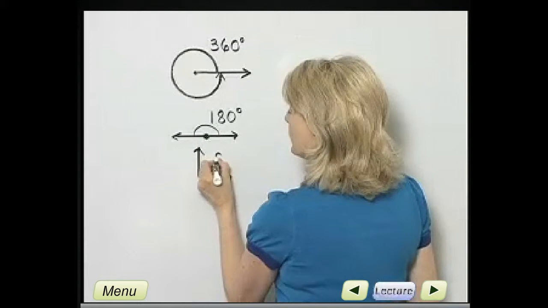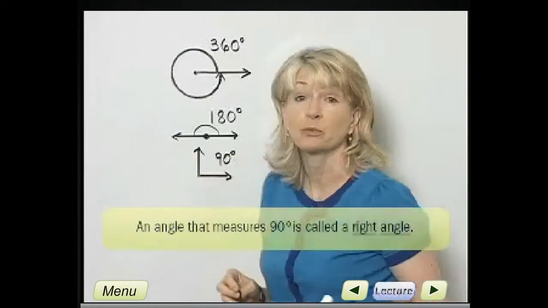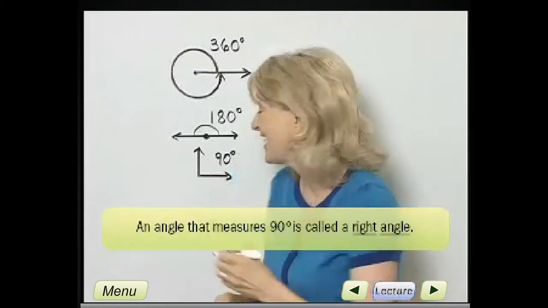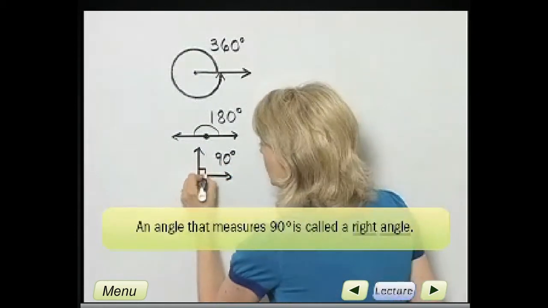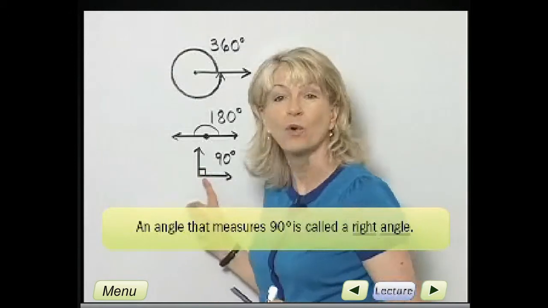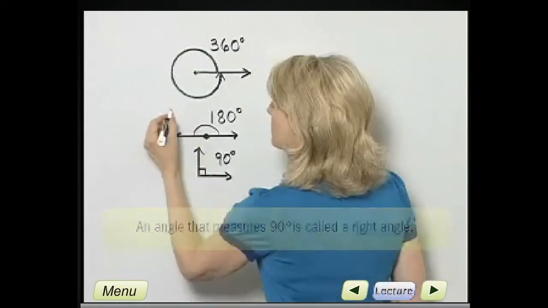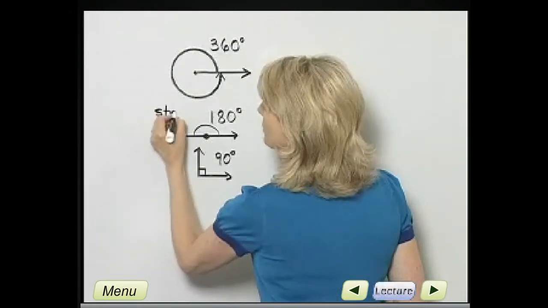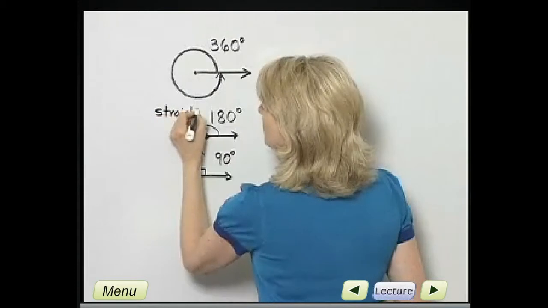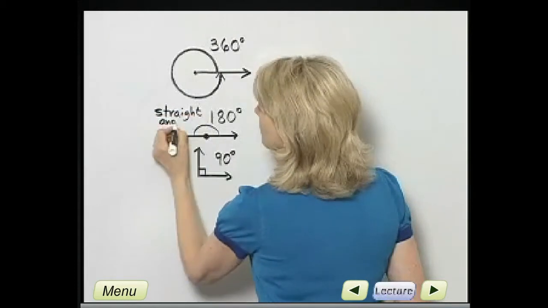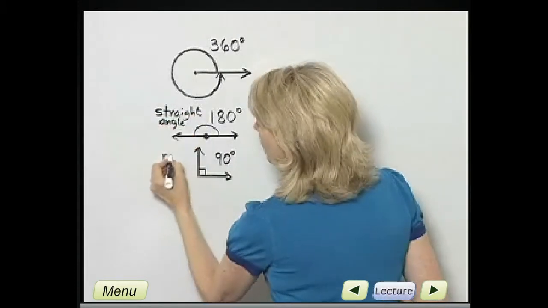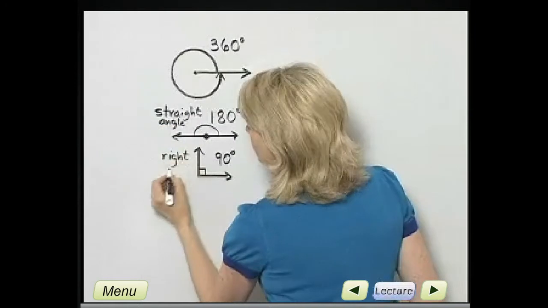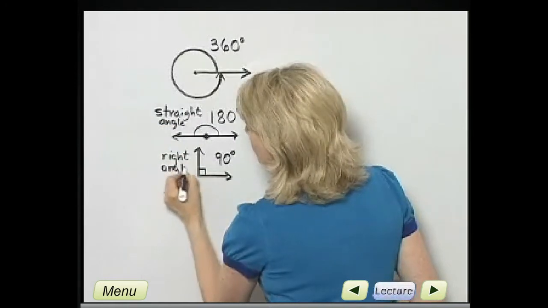It measures 90 degrees because 1/4 of 360 is 90, and we usually use this mark for what we call a right angle. So this is a straight angle, and this is a right angle. A little bit about angles.